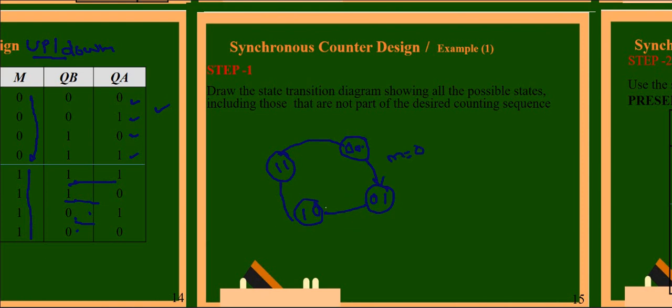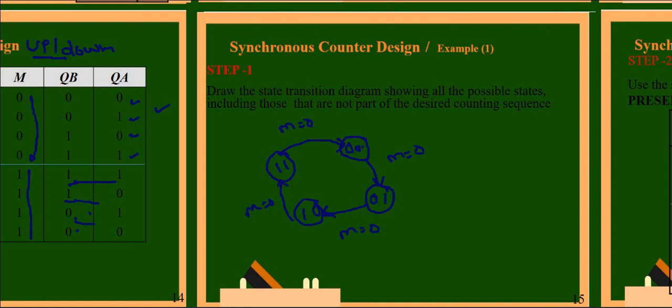Similarly, 01 to 10 is up counting, so M is again 0. Then 10 to 11, again M is 0, and 11 to 00, M is equal to 0. These are all called the up counter.